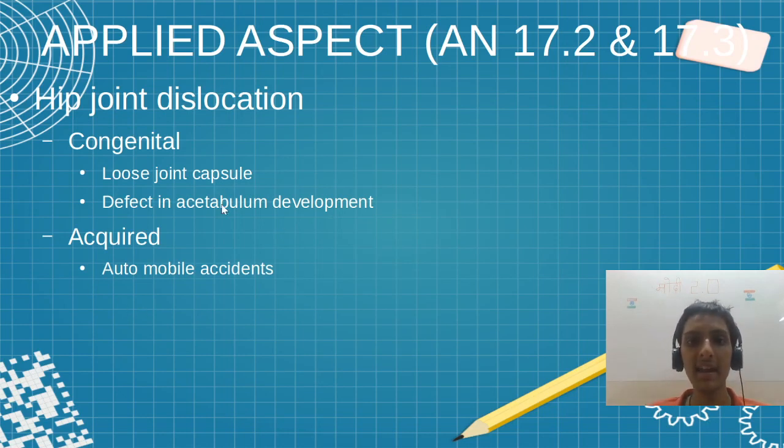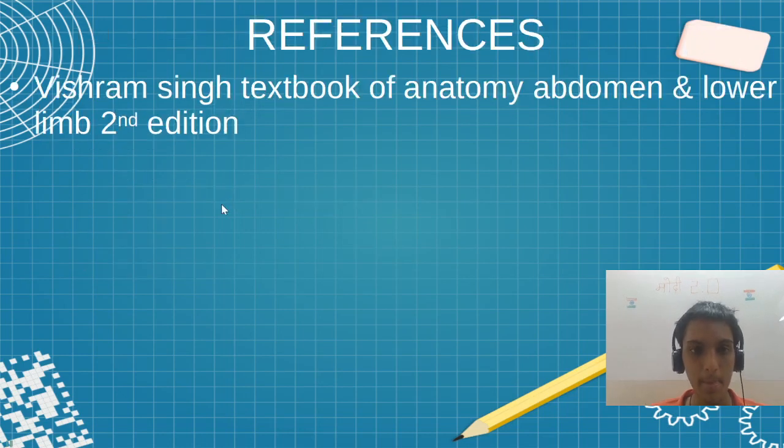For example, take an instance where there are two cars on the road coming on the same lane. When both cars crash, what happens? The head of the person will touch the steering wheel, and the hip joint will move forward and suddenly the head of the femur will dislocate from the acetabular fossa and also the ligaments will be torn off. This is in the case of automobile accidents.